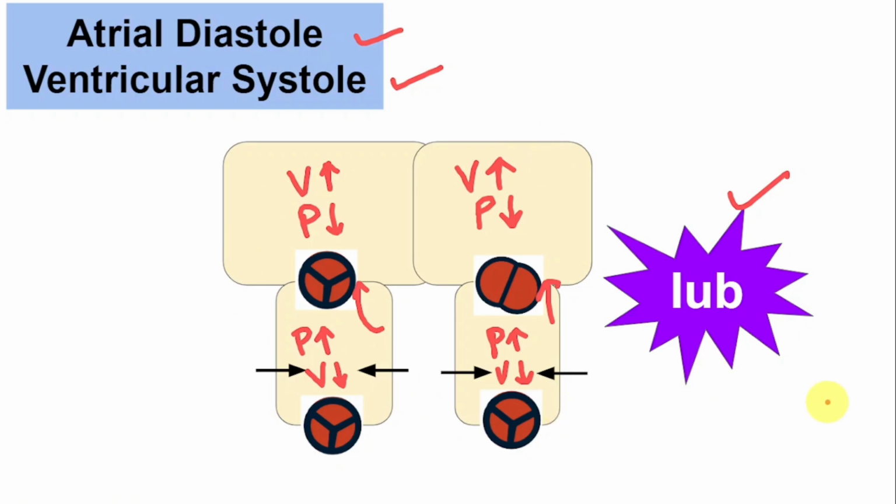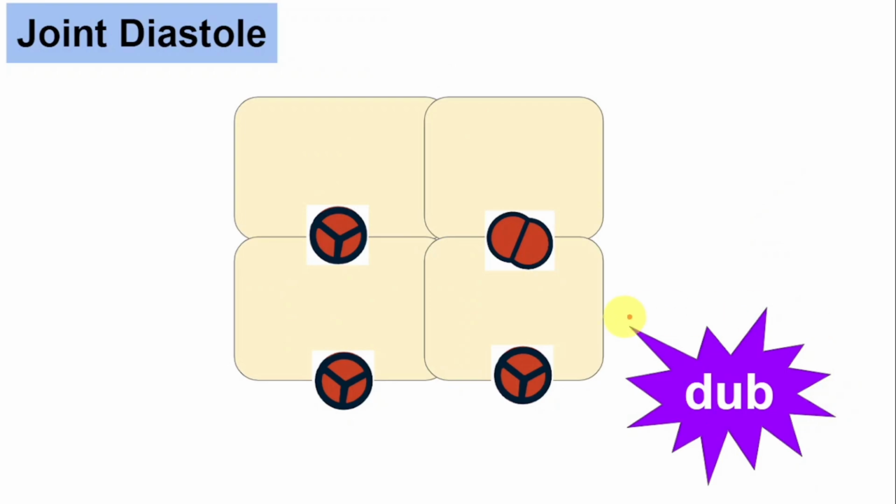The next step will be joint diastole. Again, why is the dub sound produced? Because over here, when ventricular diastole is happening, volume is increasing and simultaneously pressure decreases.